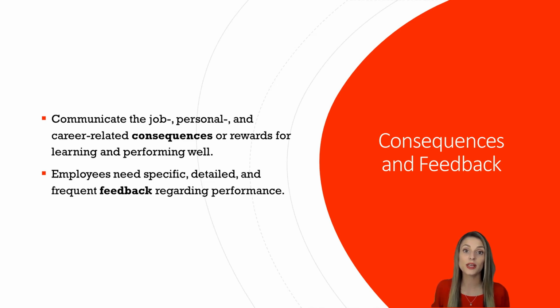We can attempt to enhance trainees' motivation by communicating to them the benefits of training, the job, personal, and career benefits. Feedback refers to the information employees receive about their performance. Is it specific? Is it timely? Is it frequent? If not, learning and performance may suffer.